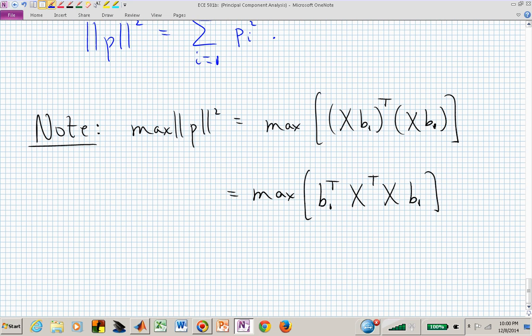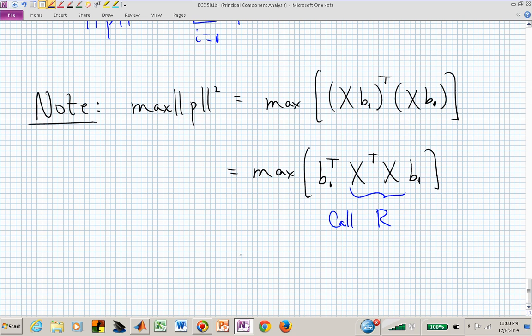We know this X, so we know its transpose. Let's call this matrix, capital X transpose X, R, which means that we are now trying to maximize, by the choice of b1, this expression, b1 transpose R b1.